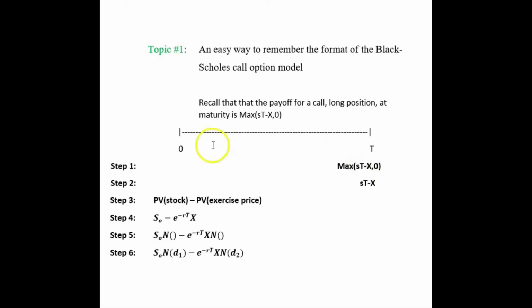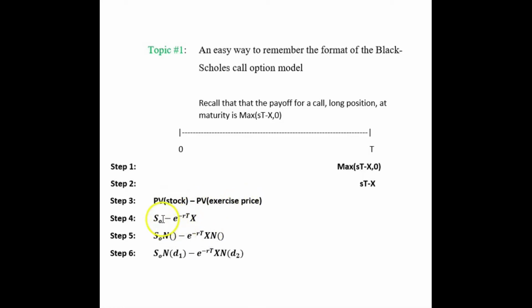Okay, so step 0, we draw a timeline. So 0, this is today. Capital T, this is when the option matures. So actually it is the present value of stock minus the present value of exercise price.